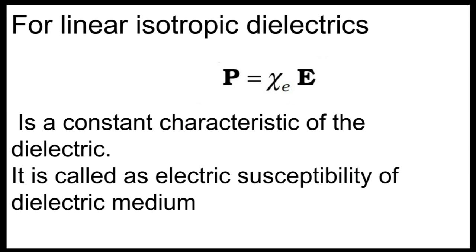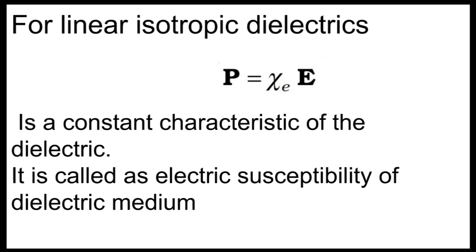In such dielectrics, the induced dipole moment produced will be in the direction of the electric field, and the induced dipole moment is directly proportional to the field strength. So for such an isotropic dielectric, the polarization P, which is a vector quantity, is equal to chi E. What is that constant called?